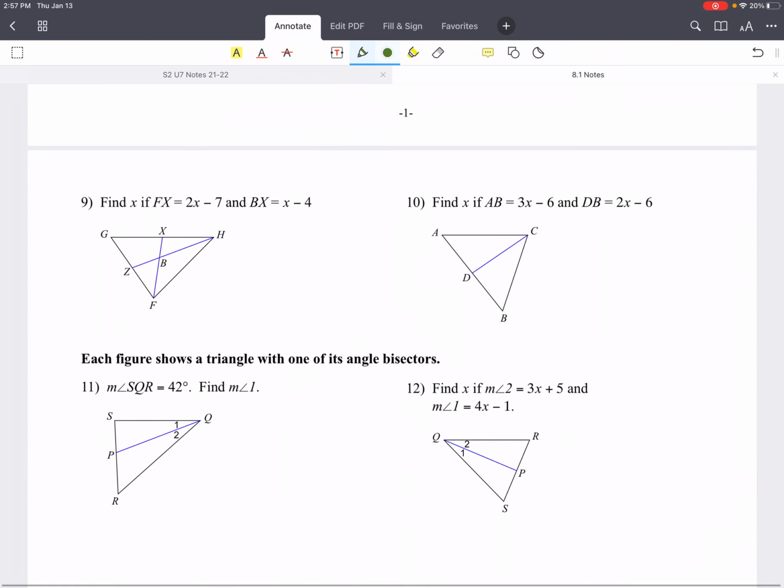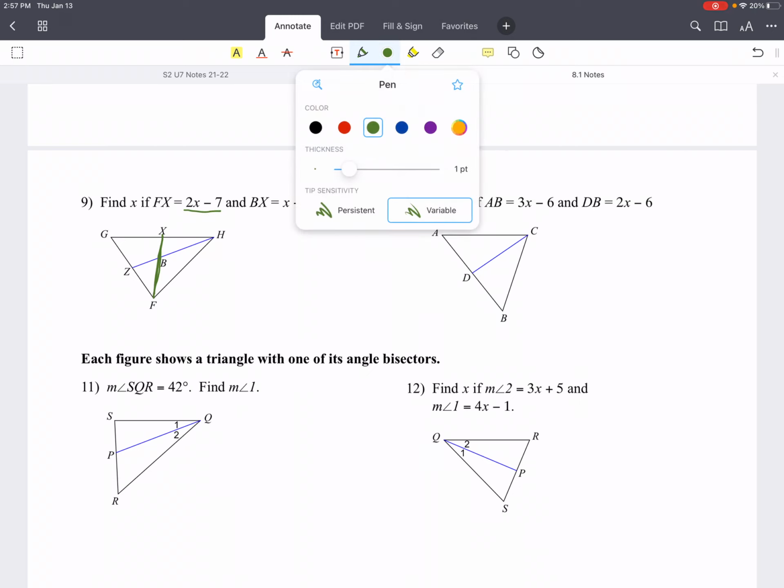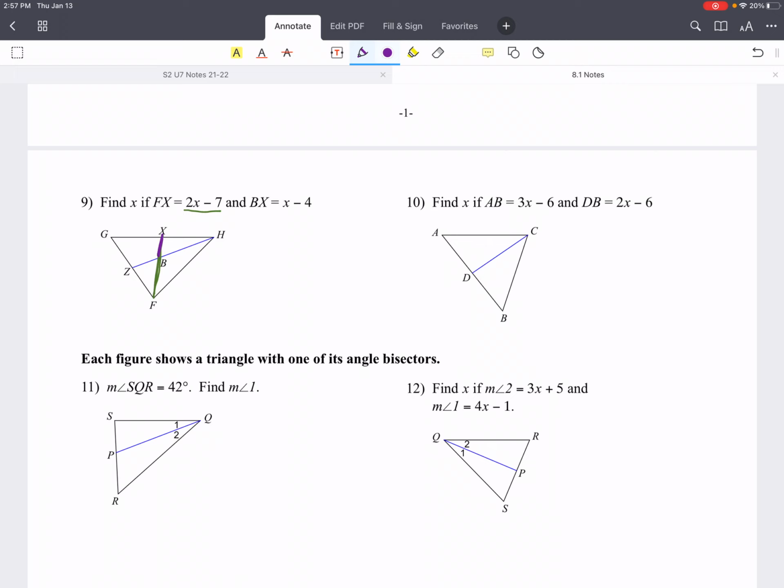All right, number 9. If f of x equals 2x minus 7, so this whole thing is 2x minus 7, and bx is x minus 4. Well, I know that if this times 2 gets me this piece in here, that means x minus 4 plus 2 times x minus 4 gets me what the full piece equals.